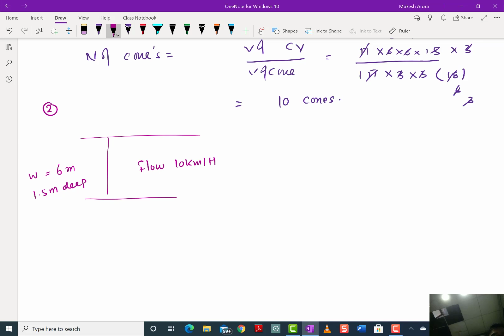It means if we close one end, after 1 hour, with the width of 6 meter and the depth of 1.5 meter, the length of water will be 10 kilometer.